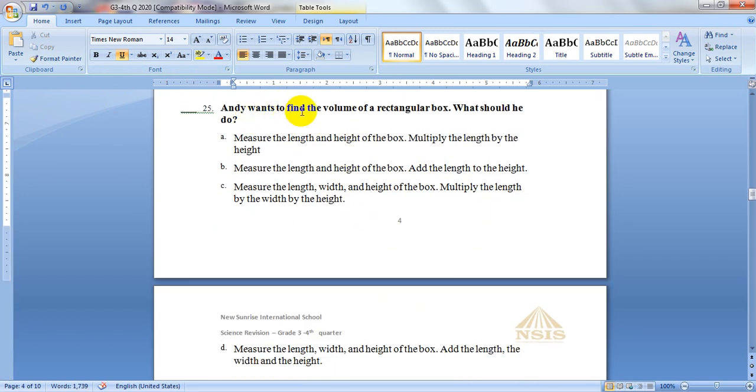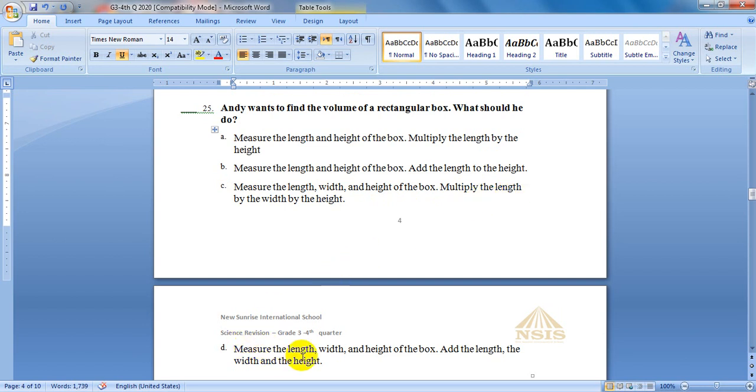The next question, 25. Andy wants to find the volume of a rectangular box. What should he do? Should he measure the length and height of the box, multiply the length by the height? Letter B. Measure the length and height of the box, add the length to the height. C. Measure the length, width, and height of the box, multiply the length by the width by the height.